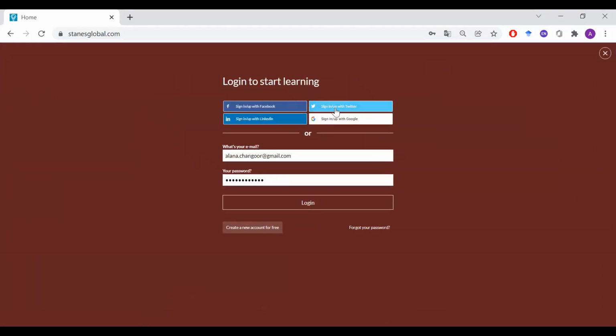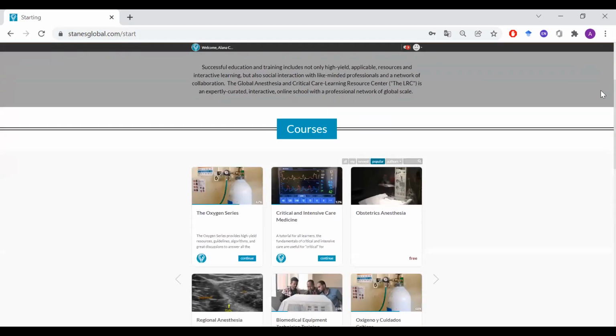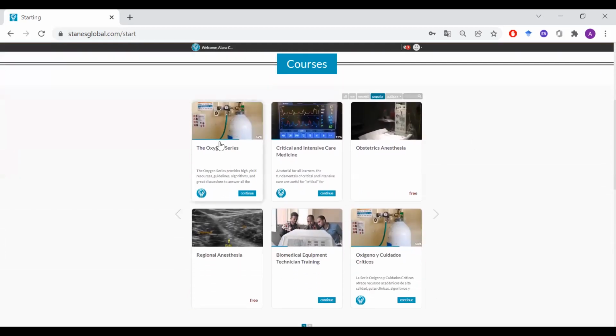And you can log in using your Google account or email, or separately. And once you do create it, you can log in on this page, and that will take you to the course page. You would click on the Oxygen series, but as you can see, there are a number of courses that you can explore.